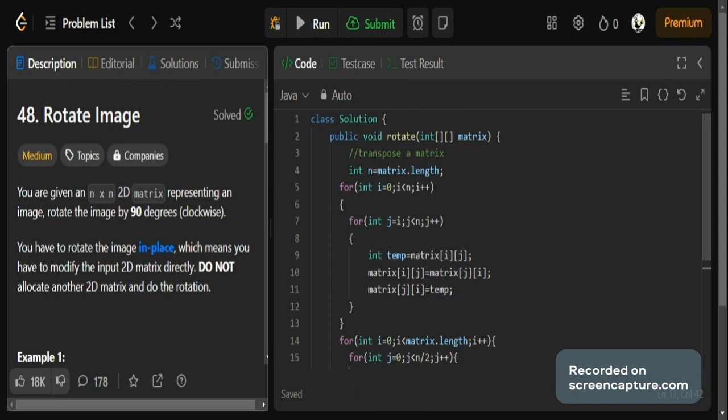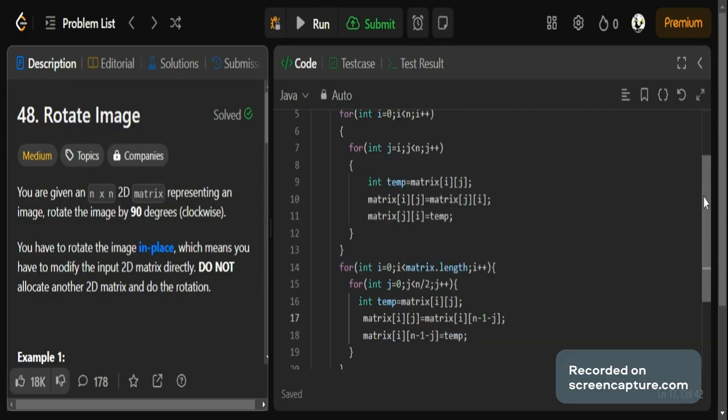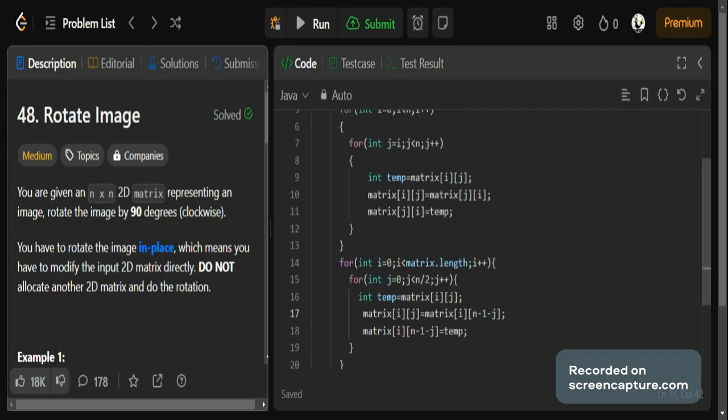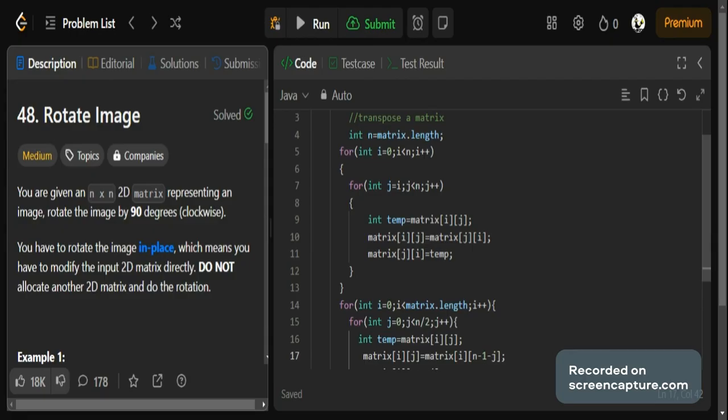Here I have used two loops for traversing. What I have done here is swapping the matrix element at ij with the matrix element at ji, right? So here I have used swapping between matrix positions, right? What I have done is I have taken the transpose of the matrix, so converted every row to a column.